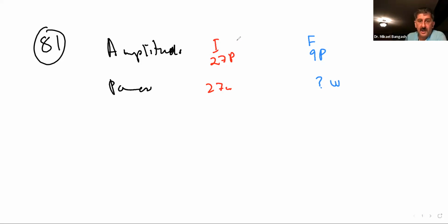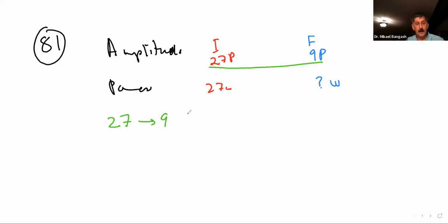Now just look at the change in the amplitude first. It goes from 27 to 9. What does that mean?